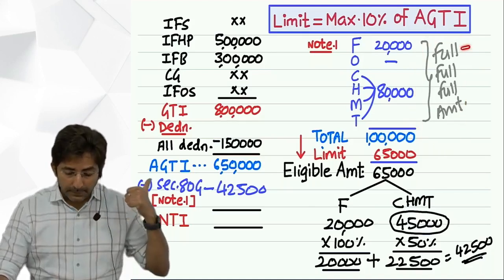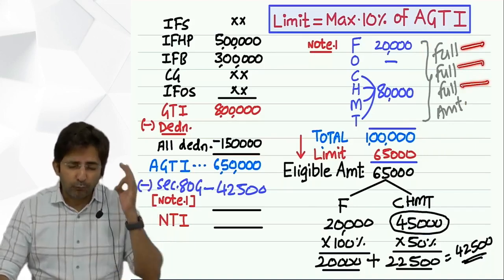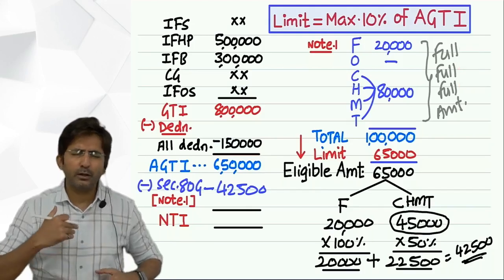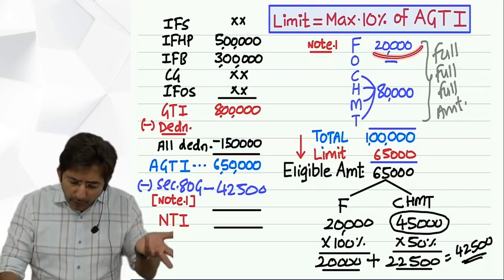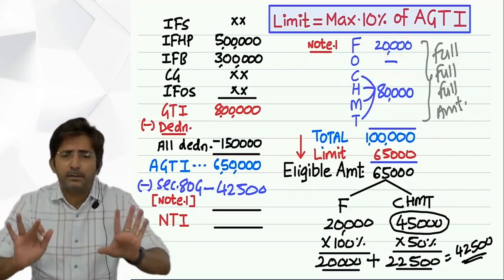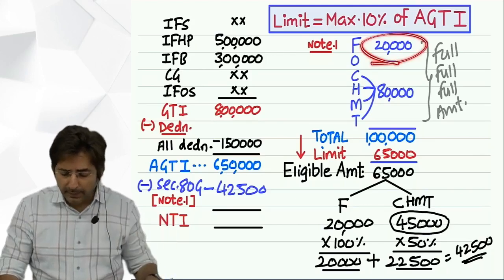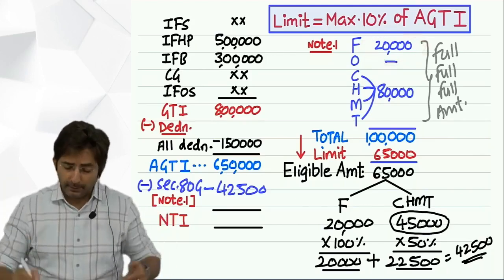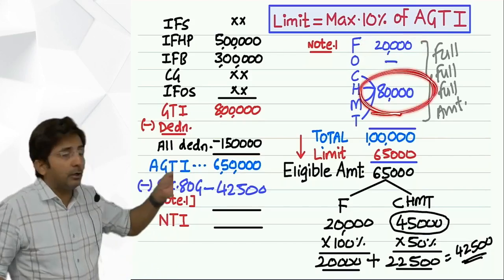I have purposely written 'full' 3 times to hammer it in, because you know what is a common mistake I notice? Students apply 150% right here. They say, sir, family planning is 100, I will take 100, but for Chamat it is 50, so they take 50% here only. Means instead of 80,000 they write 40,000.